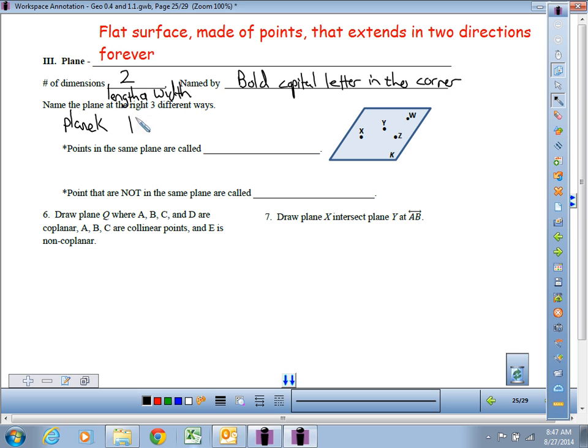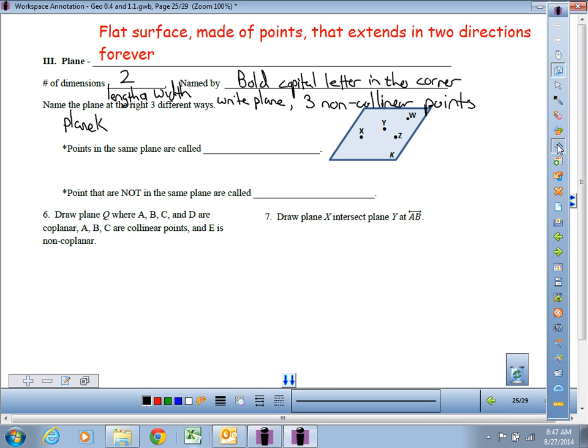Now remember, I can't just write capital K, because capital K would say, hey, what's point K? So we need to write plane out. The other way you can name this is by writing plane followed by three non-collinear points. So we look at this and ask, what are three points that are non-collinear?